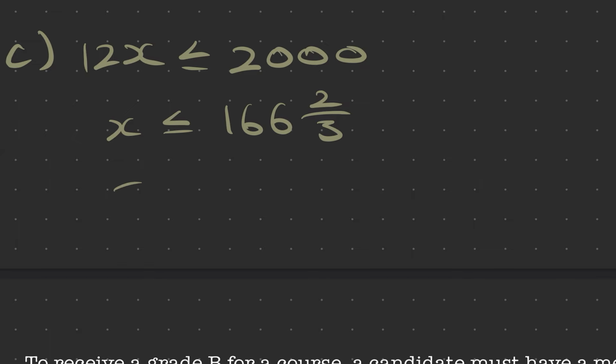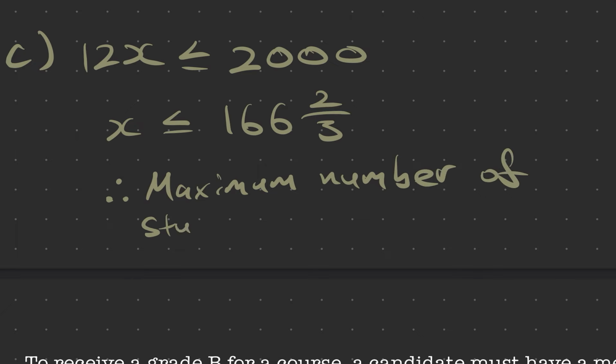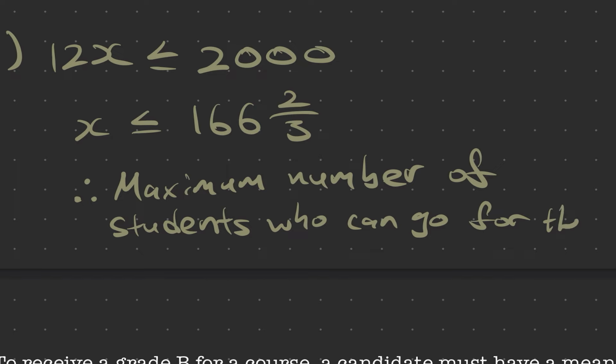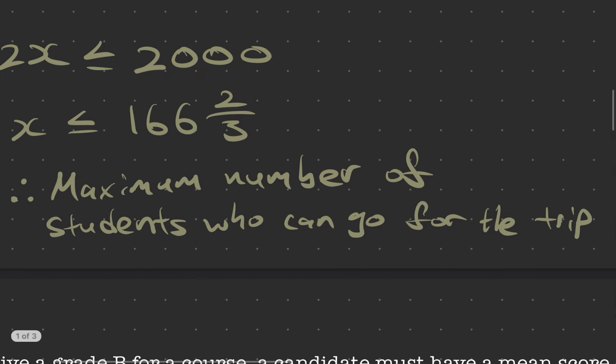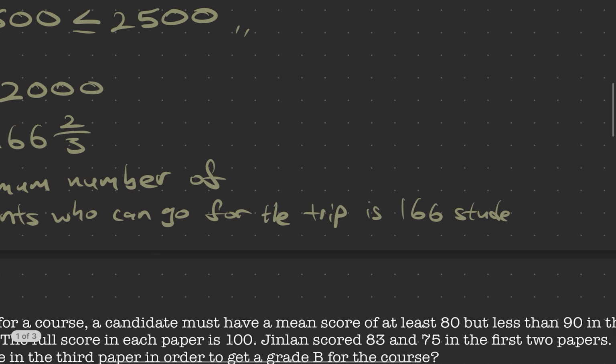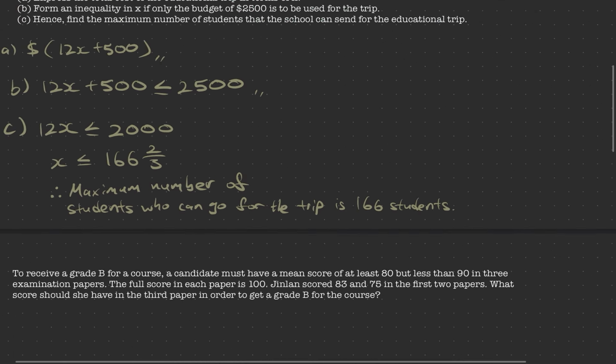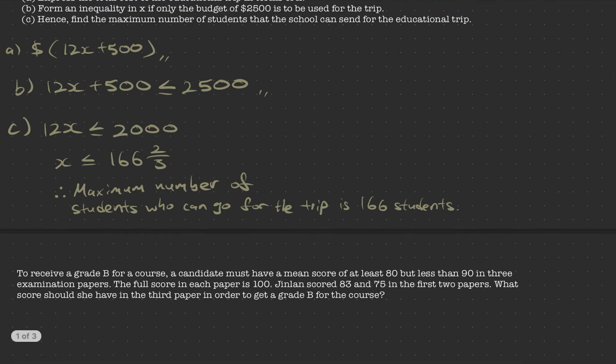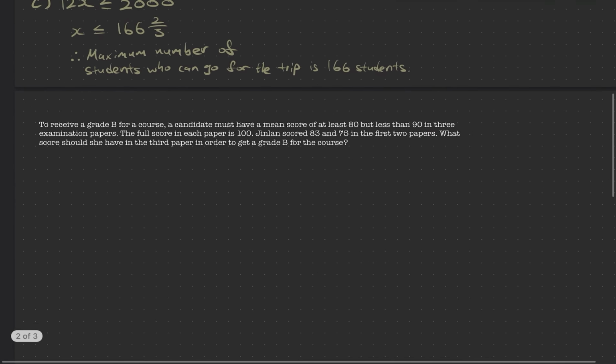So the maximum number of students who can go for the trip is 166 students. There you go. Maximum of 166 students can go for the trip. All right, let's move on to the next question.